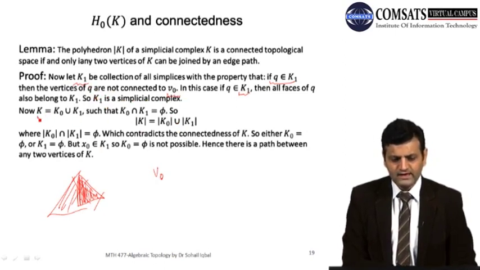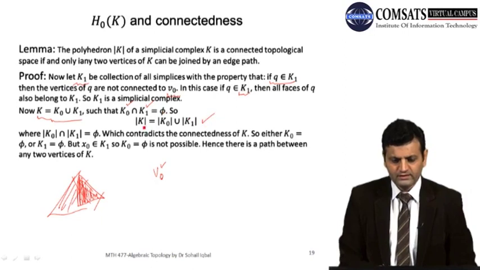Also K can be written as the union of K0 and K1, and their intersection is empty. Why is their intersection empty? Because K0 contains all those simplices whose vertices are connected with V0, and K1 contains all those simplices whose vertices are not connected with V0. So their intersection must be empty.